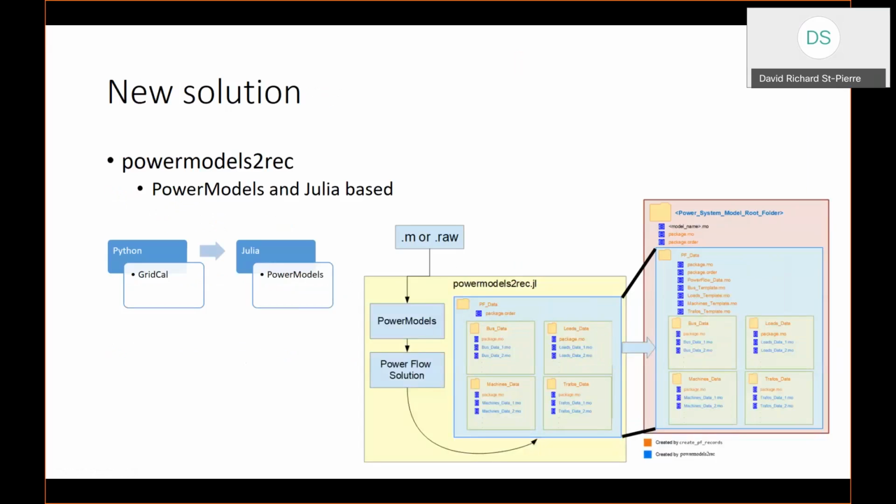Now, the solution I created for my project is different in the sense that instead of using Python and GridCal, I used the Julia language and the PowerModels library. Both of these two solutions use open source software. To explain the functionality in a little bit more detail, this figure shows that PowerModels 2Rec takes in a .m or .raw file.